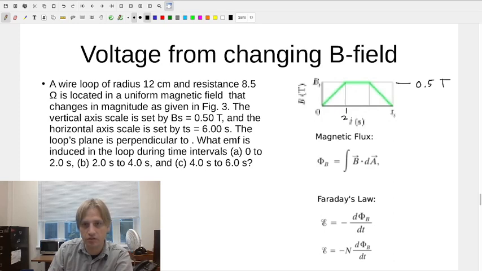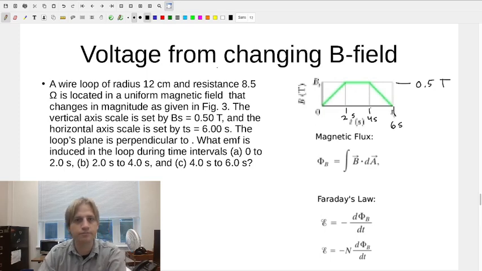So this would be 2 seconds, 4 seconds, and 6 seconds. The loop's plane is perpendicular to, let's assume that's B. What EMF is induced in the loop during the time intervals from 0 to 2, 2 to 4, and 4 to 6.